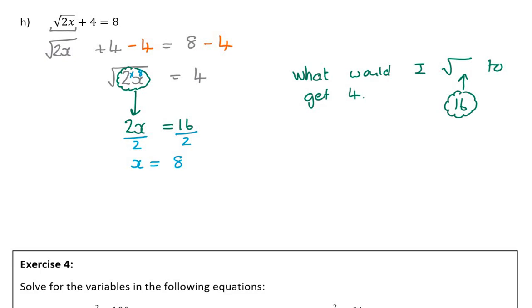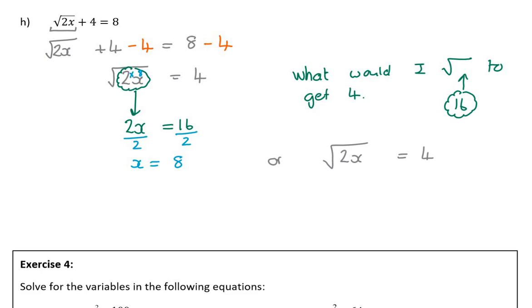I think about it: what do I want to square root so that my answer is 4? I need to square root 16. So whatever's under that root sign needs to be equal to 16. Another way to do it: if you have the square root of 2x equals 4, you could say, I want to undo the square root, so I'm going to square.